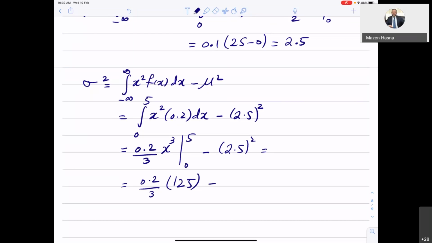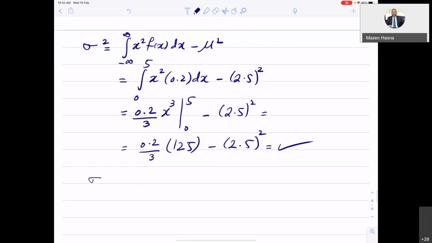I don't know the number, so you just calculate it, and this will give you the variance. For the standard deviation, just take the square root of this value. Okay?